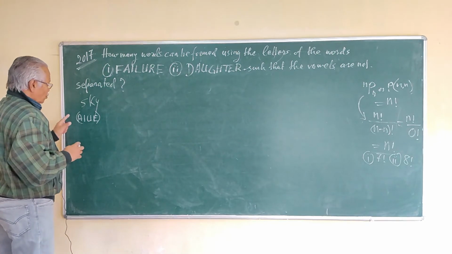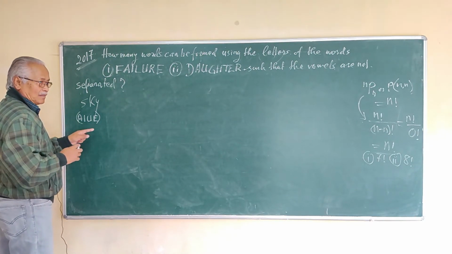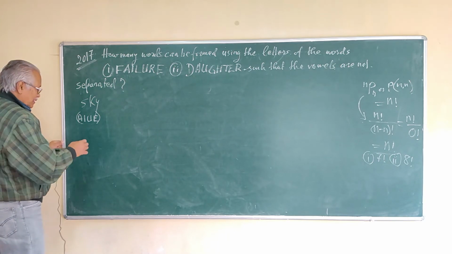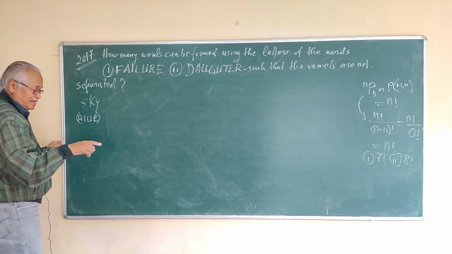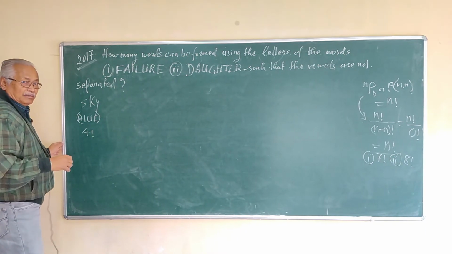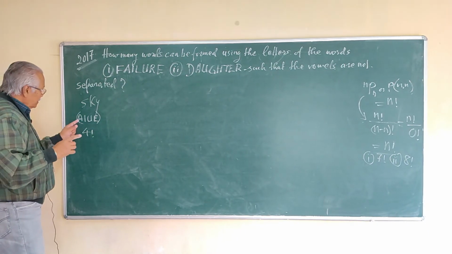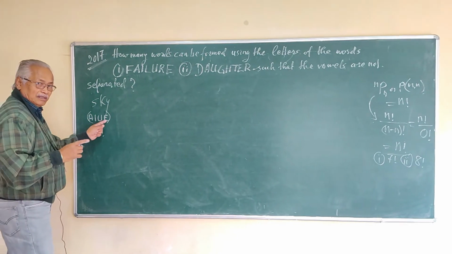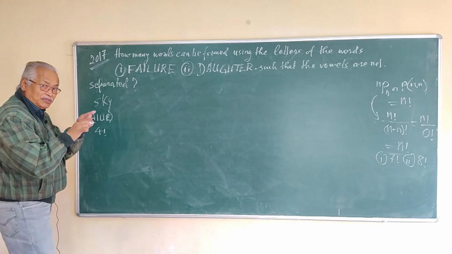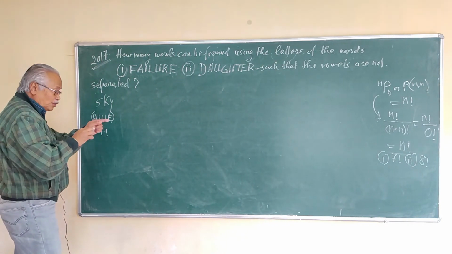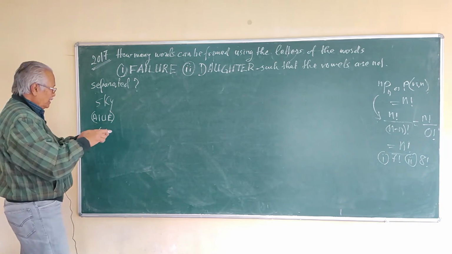Right. So, the 4 alphabets will permute among themselves in how many ways? In 4P4 ways, that is 4 factorial ways. But mind you, these vowels also will permute among themselves, right? That is, A, I, U, E will interchange their places. In how many ways?